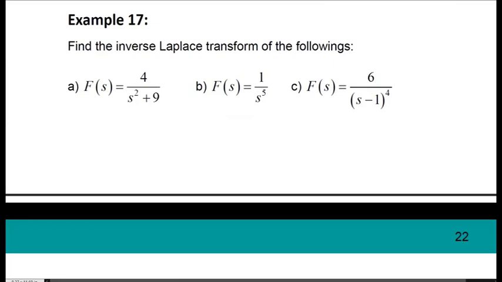Okay, let us see example 17. Find the inverse Laplace transform of the following. Given capital F(s) is equal to 4 over s squared plus 9.